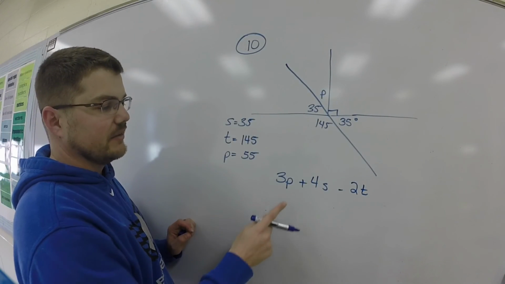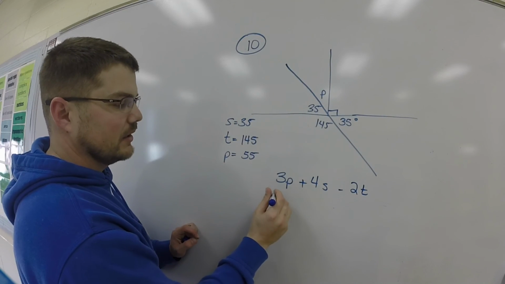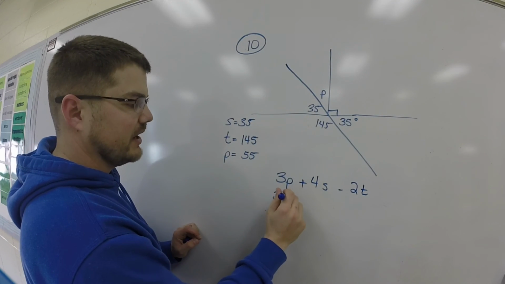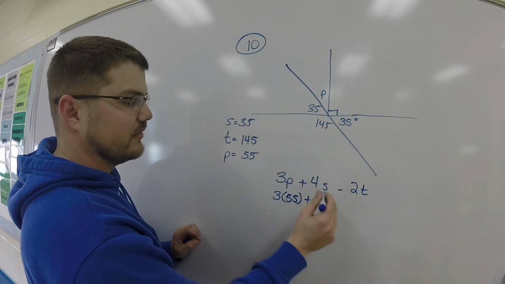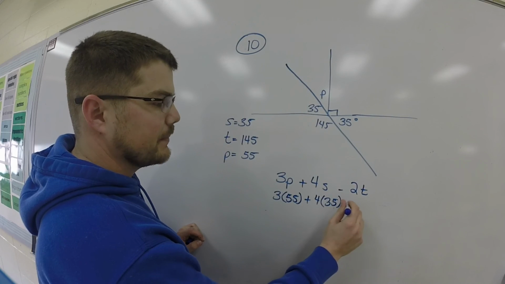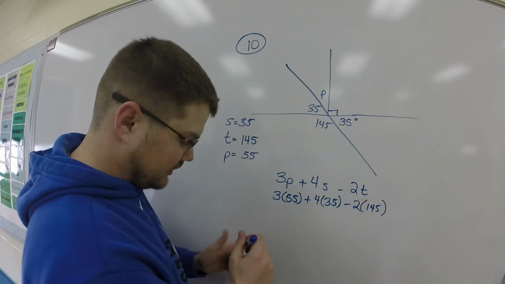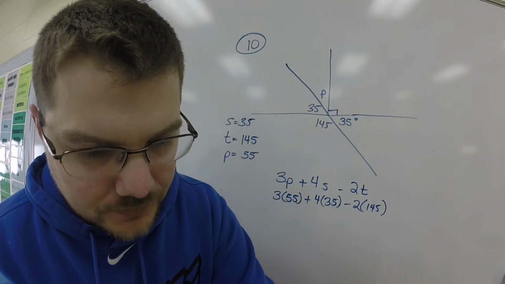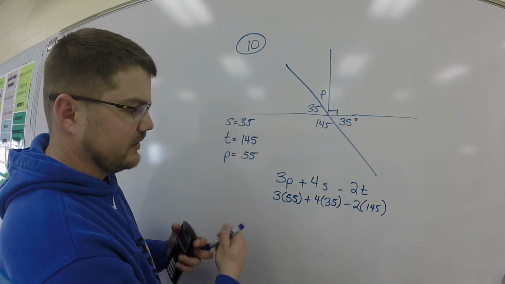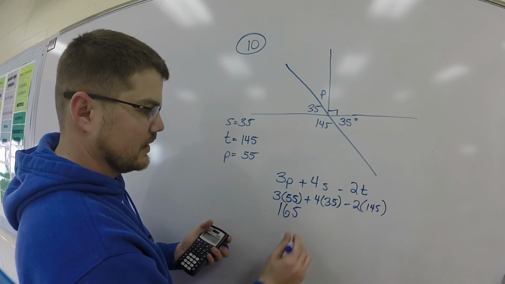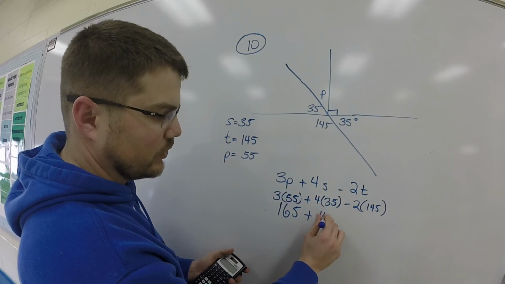Okay, so now let's find the value of 3P plus 4S minus 2T. Let's plug in our values. So 3 times 55 plus 4 times 35 minus 2 times 145. So let's do that in our calculator. We have 3 times 55 is 165. 4 times 35, that's going to give us 140.